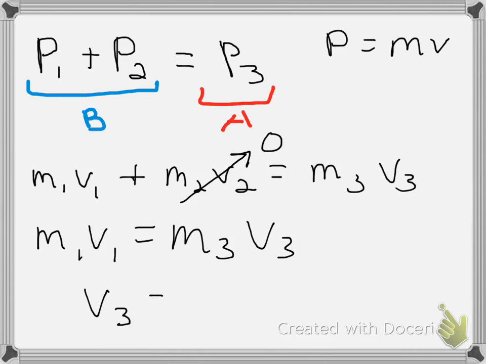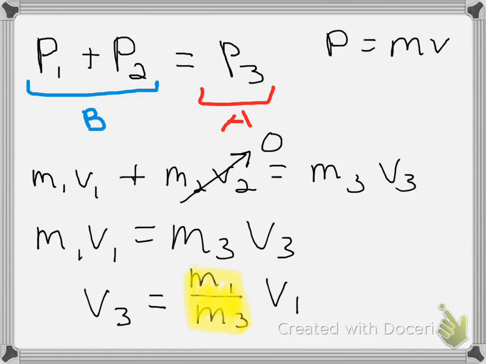V3 equals, and I'm going to write it like I did in class, M1 over M3 times V1. And I've written it like this for a very specific purpose, like we mentioned in class. This term right here, M1 over M3, is going to be some sort of fraction that's less than 1.